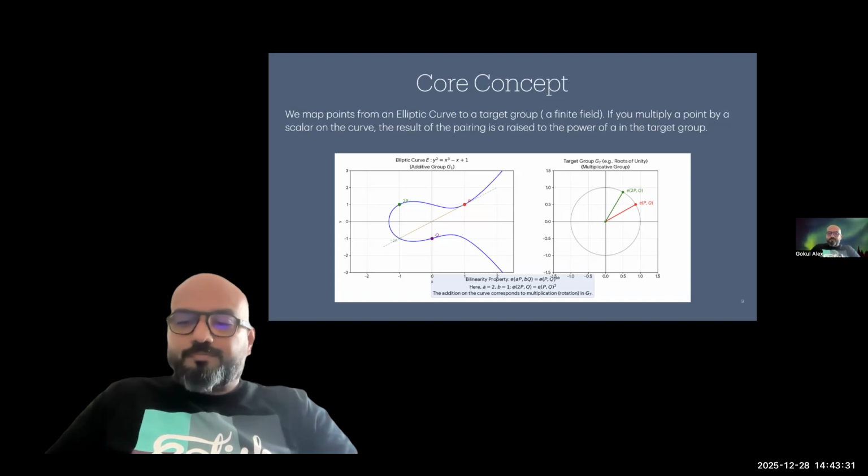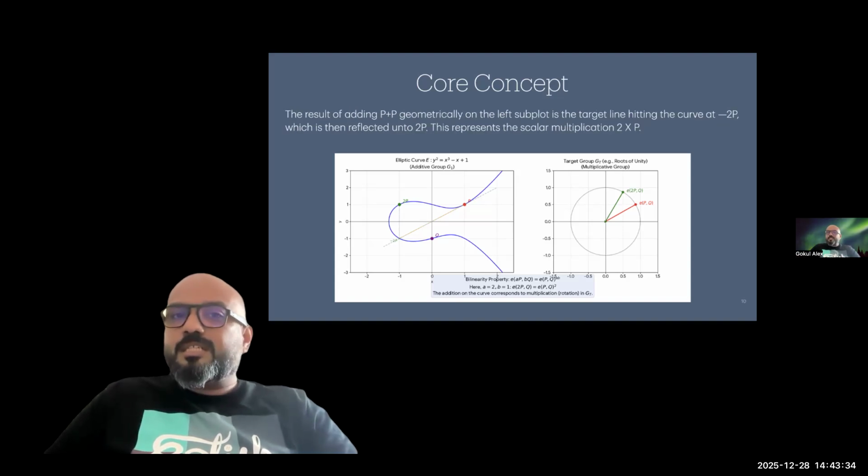but that is equivalent to doing a multiplication in the target group. So as you see here in this diagram, in the left subplot you're adding the point P to another point, the same point P. So it's like a doubling operation.